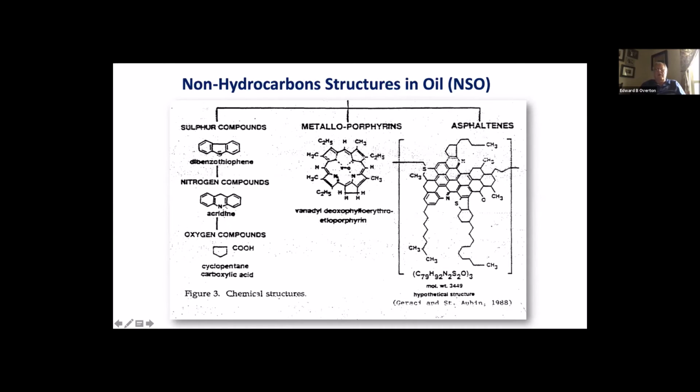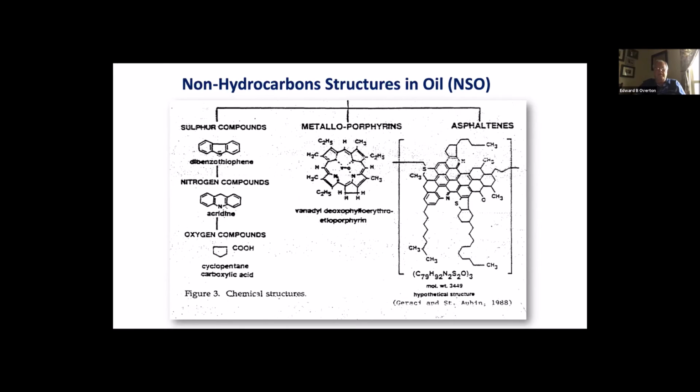Asphaltenes are very difficult to refine into fuels, and so these are the compounds that are left over that the refiner doesn't find a good use for. So he sells them off to the folks that are making roof tar or roads. You heat them up, you mix them with sand and rock, and you pave, and you make asphalt roads. So these are the general molecular compositions of the components of oil.